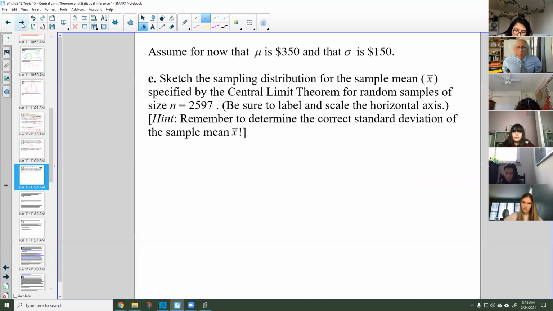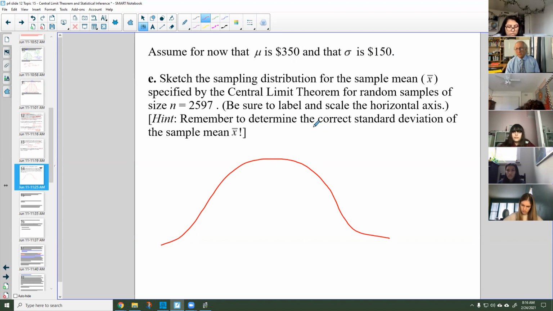Okay, so we are going to assume for now that mu is 350 and that sigma is 150. So we're going to make the sampling distribution. If that is the case, I need to do my test to see if the central limit theorem applies. If you remember, the test is n greater than or equal to 10.